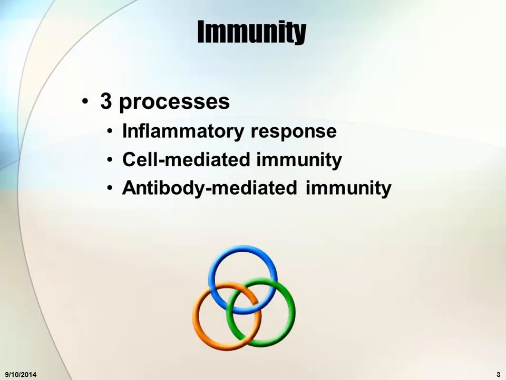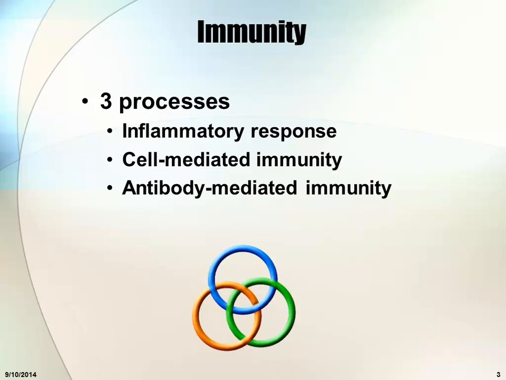We're going to look at the 3 processes today that take part in immunity. One is the inflammatory response, the other is the cell-mediated response, and the third is antibody-mediated immunity. These 3 different processes are called many other things. The inflammatory response seems to stay about the same, but some books will call it natural immunity.